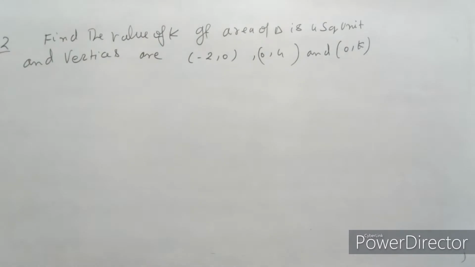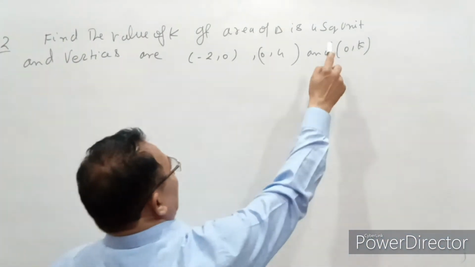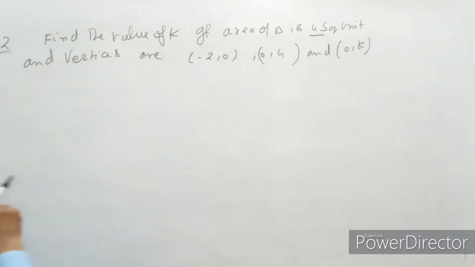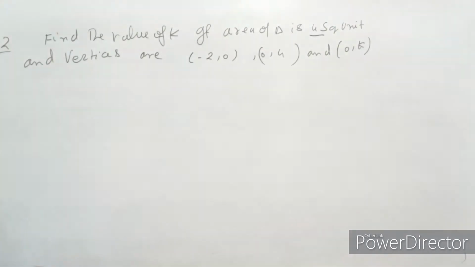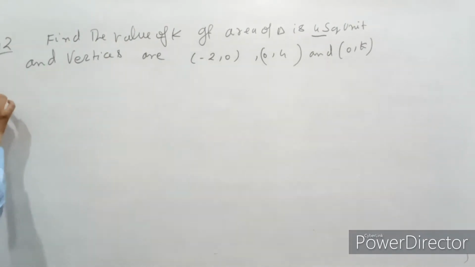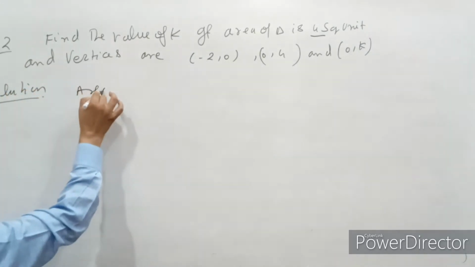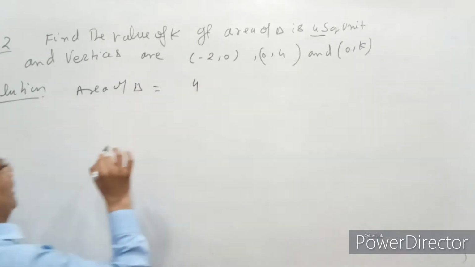Yes, find the value of k if the area of the triangle is given as 4 square units and the vertices are also given. We know that the area of the triangle should be equal to 4 square units.